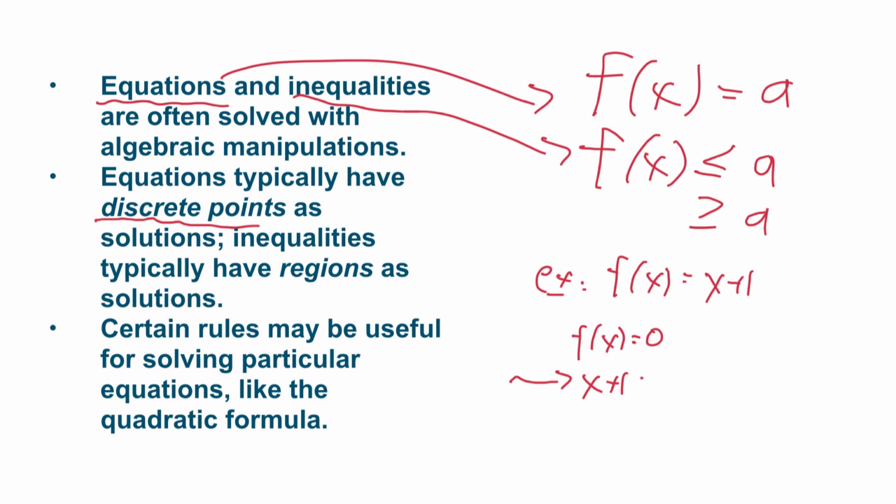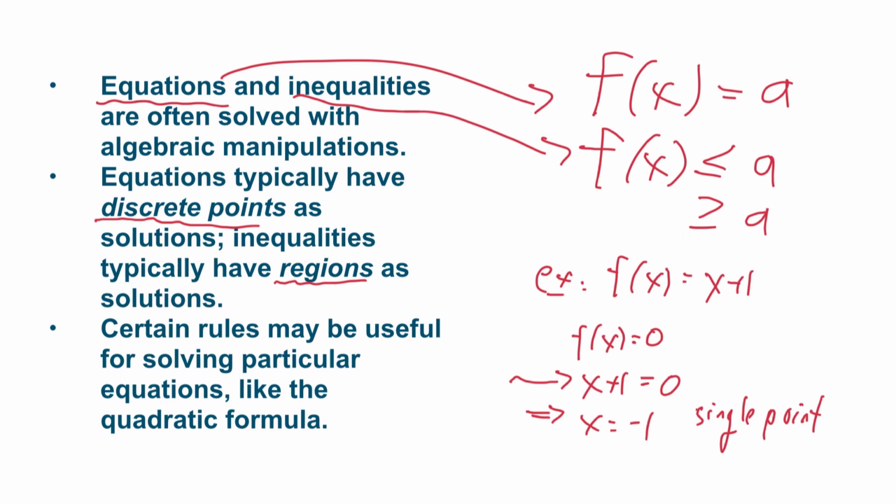I can say x plus 1 is equal to 0, which means that x is equal to minus 1. And the point I want to illustrate here is that this equation had a single point as a solution. In distinction, inequalities typically have regions as solutions. So instead of having one particular or a finite set of particular solutions, I get infinitely many solutions corresponding to all the points in some region.